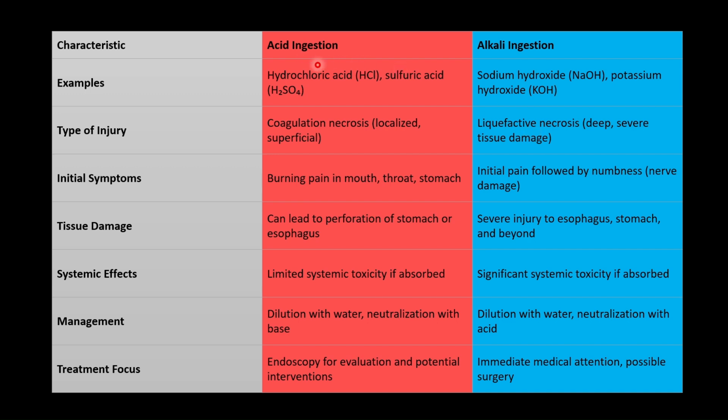In acid ingestion, fibrosis occurs quickly, therefore the spread of the damage is less. Whereas it occurs late in alkali ingestion, therefore the spread of the damage is more. And one more thing associated with alkali ingestion is that initially both cause pain, but in alkali ingestion it is followed by numbness, which indicates that there is nerve damage.